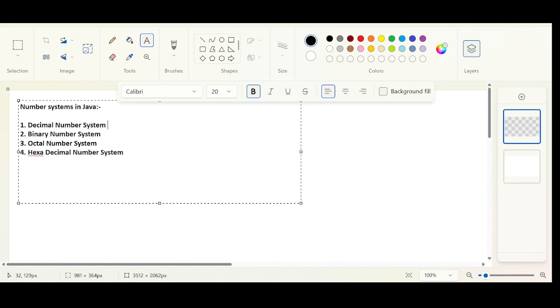For example, if you take the decimal number system, the base is 10, and for the binary number system, the base is 2. For the octal, the base is 8. The base is 16 for hexadecimal.